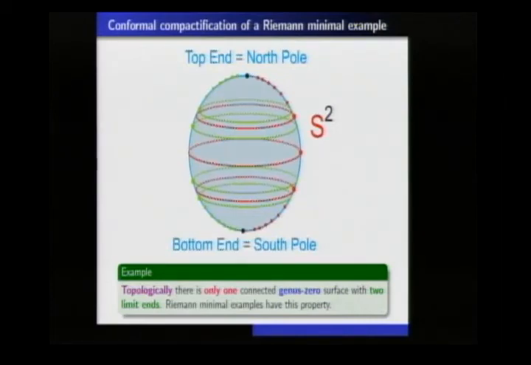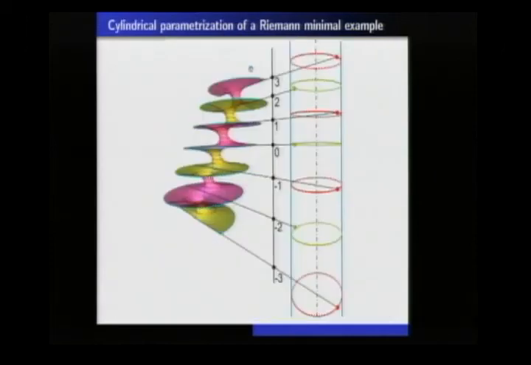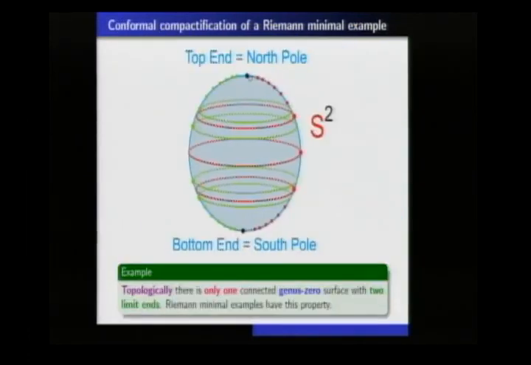That's the conformal structure of an infinite cylinder. And remember we moved all these points on the cylinder, right? So those just limit to the north and south pole. The top end of the cylinder is the north pole, the bottom end is the south pole, and now we understand exactly the topology of Riemann.